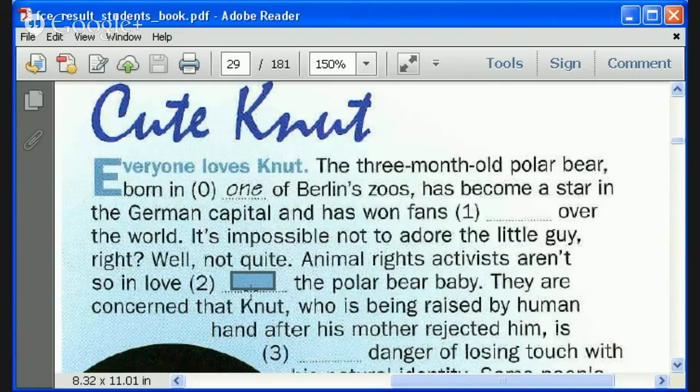Okay. In love with, and here you have to obviously know the collocation, the preposition that follows this phrase. You're in love with somebody, not in love to somebody or in love for somebody. In love with, and once again, you are correct.